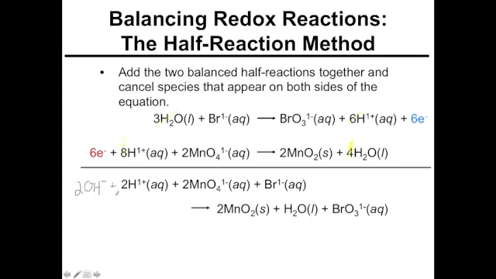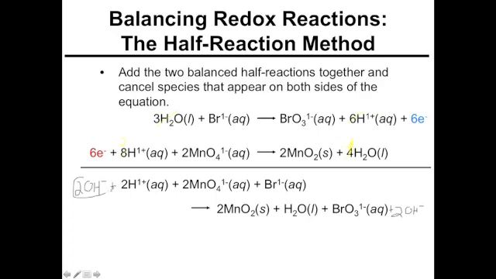Now, whatever you add to one side, you have to add to the other. So over here, I have to add 2 hydroxide ions. Pardon my shaky writing here. Okay. So I add 2 hydroxides here.